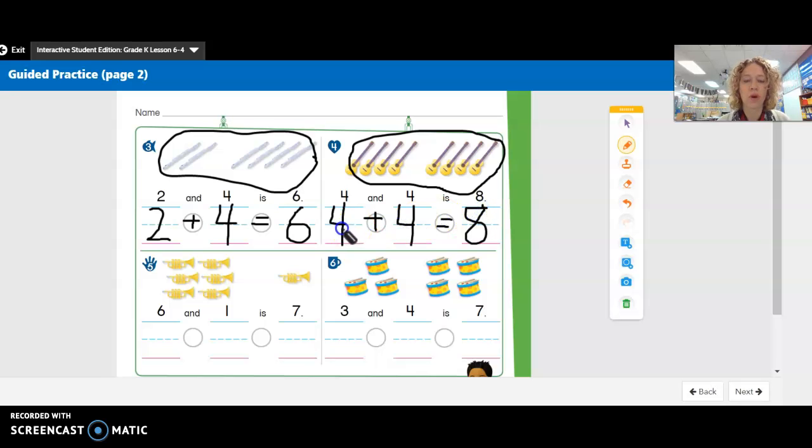So I have 4 plus 4 equals 8. Wonderful. You're going to do the same things with the trumpets. Okay, you're going to count this group, join them together. Same with number 6. You're going to count this group, and then join them all together.